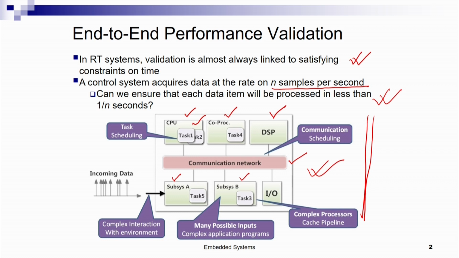If we are always able to process this data within less than 1 by n seconds, and if we can certify that it will never take more than 1 by n seconds, we will not require buffers to store unprocessed data. If we cannot ensure that, we will require some finite sized buffer to store unprocessed data.